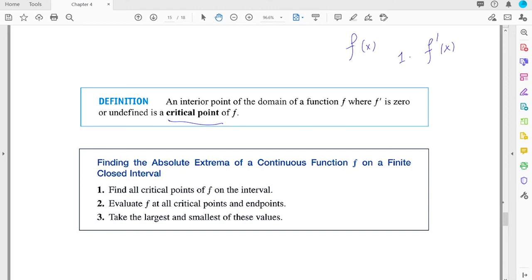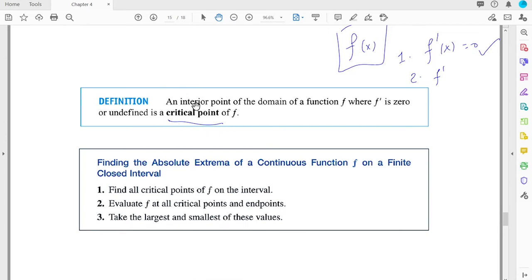One is that the derivative of the function is 0, or the derivative of the function is undefined at those points. In both situations, those points are called critical points. Either the first one happens or the derivative does not exist at that point. Those kinds of points are called critical points.